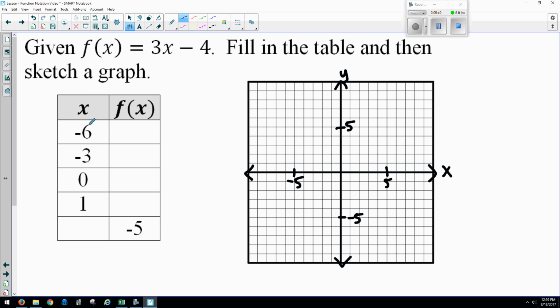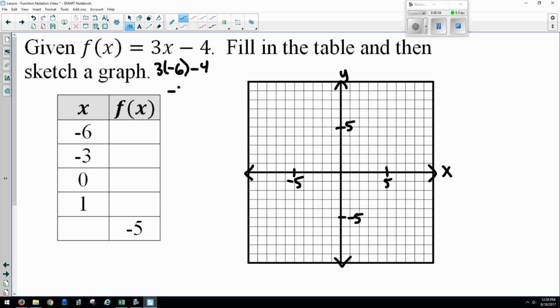So when we evaluate, this is a table of values here. When we go to figure out the y values, we're just going to substitute in these values for x. So when I substitute in -6, I would have 3 times -6 minus 4.